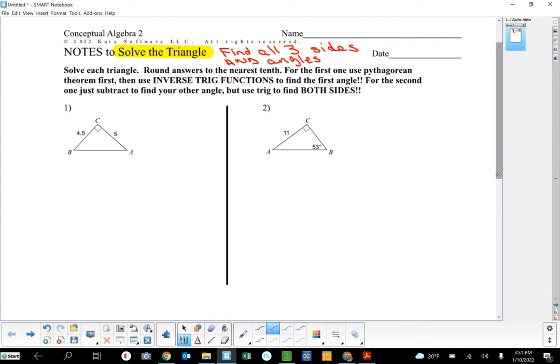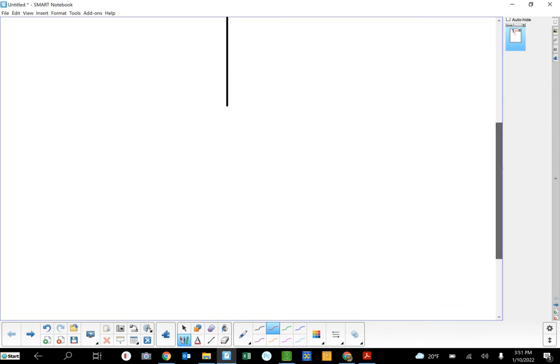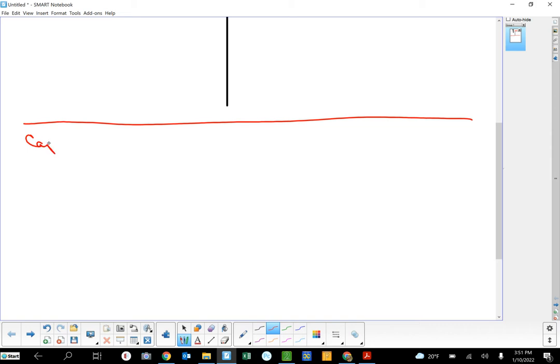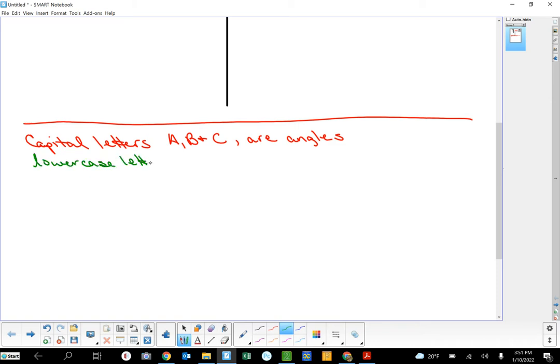Okay, so there's a couple things that I need you to remember. If you would scroll down to the middle of your page, I already drew a line across the middle, but here's another one. Remember that capital letters, in this case A, B, and C, are angles, and lowercase letters, a, b, and c, are sides.